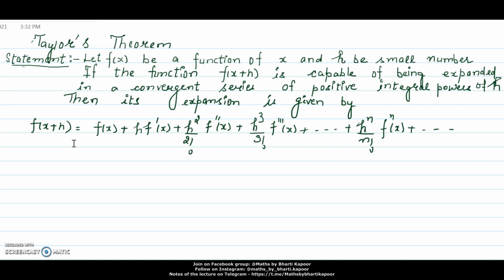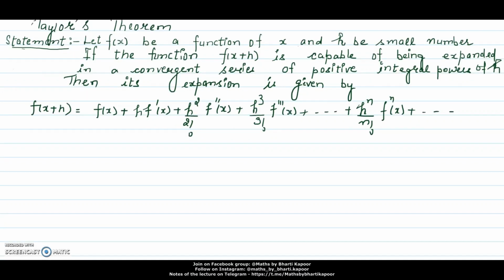This Taylor series is very useful for finding approximate value of a function. That means this theorem is useful for approximating a function. The basic idea of Taylor series is finding a polynomial approximation of a non-polynomial function, because polynomials are comparatively easier to deal with. Such kind of approximations are very useful in real life situations.